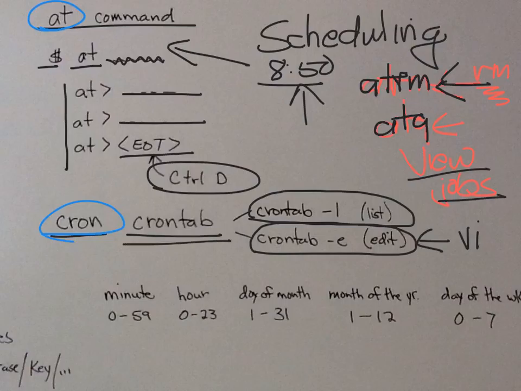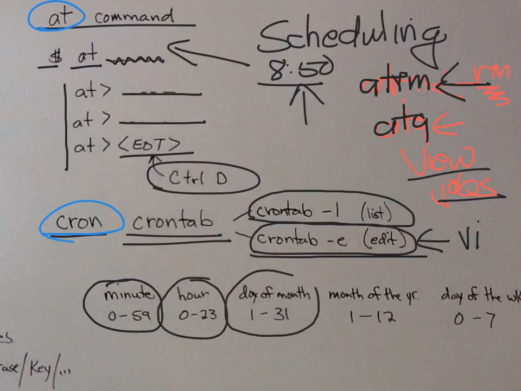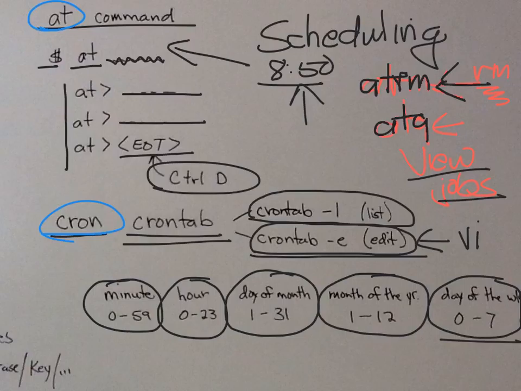Now the crontab will run, once you create it, you can set it up so that you can set up which minute you want it to execute at, which hour of the day, which day of the month, which month of the year, or plus actually when, in terms of day of the week.